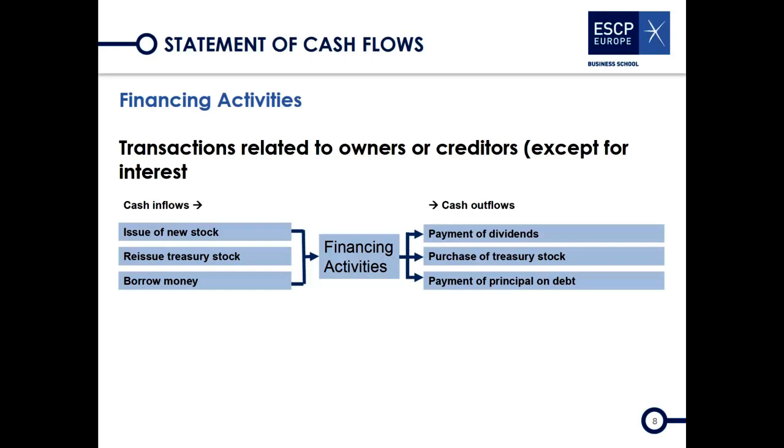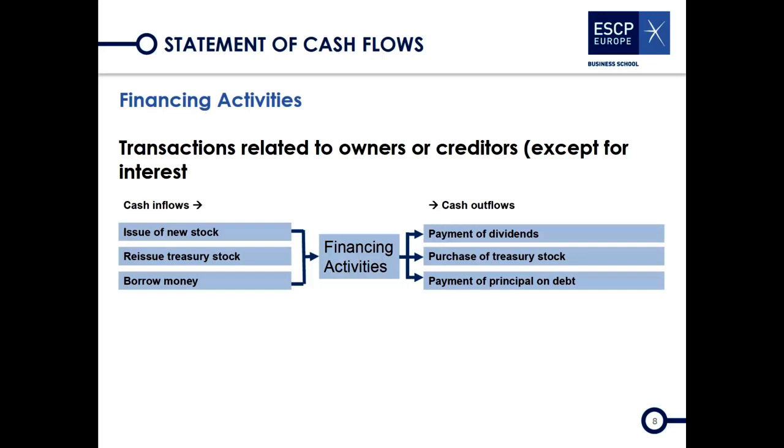So rather than issue new shares, they are buying back from existing shareholders. You need to show this as treasury stock. So companies do that quite often. And then if they possess the treasury stock, they sell it back on the market. So if you resell it on the market, then it's a cash inflow. And if you borrow money, of course, if you go to a bank, it's a cash inflow for your company.